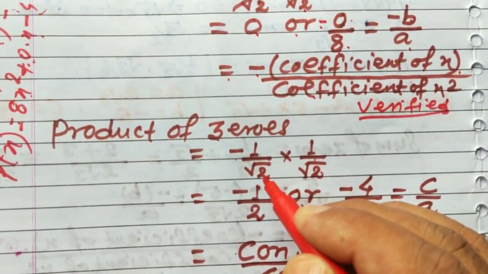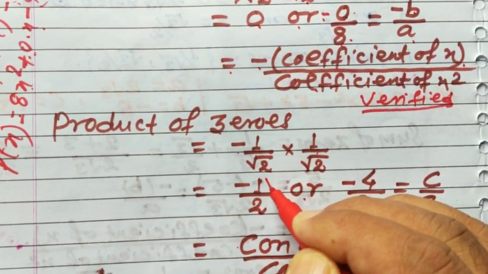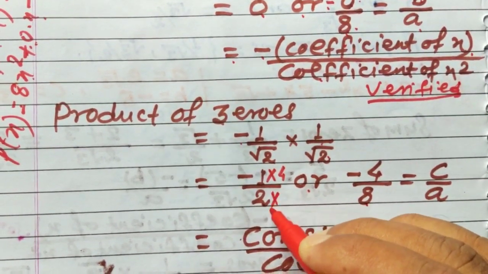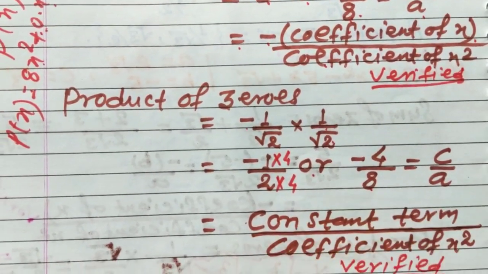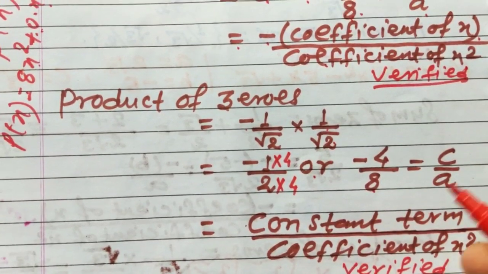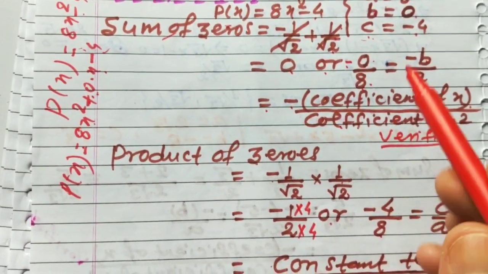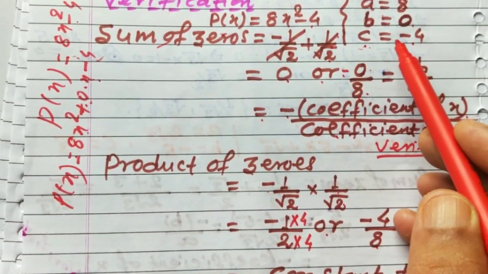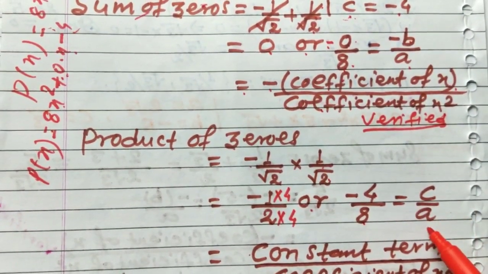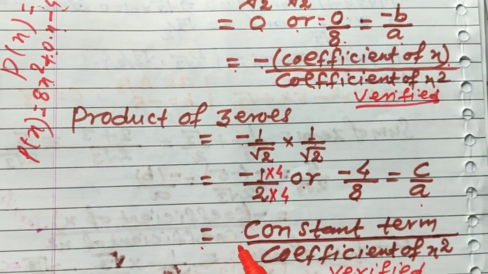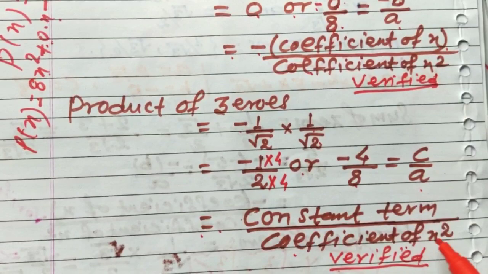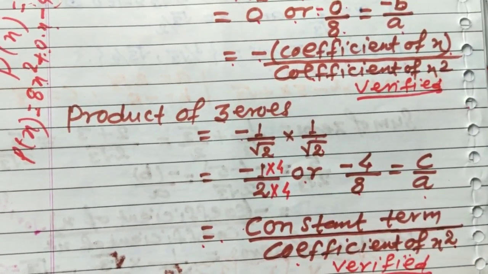As you can see, equivalent fraction, multiplied the numerator as well as denominator by 4. So it will be minus 4 by 8, and minus 4 is the value of c, and 8 is the value of a. So we can write it c by a. So it becomes equal to constant term by coefficient of x square. Hence it is also verified.